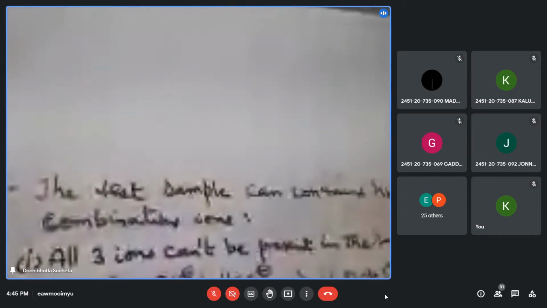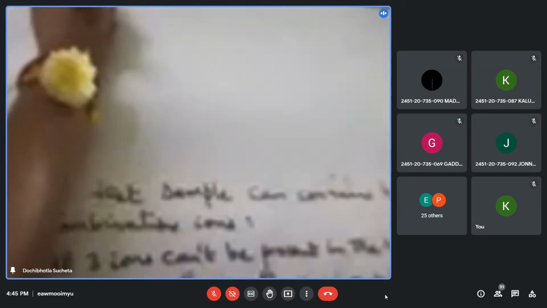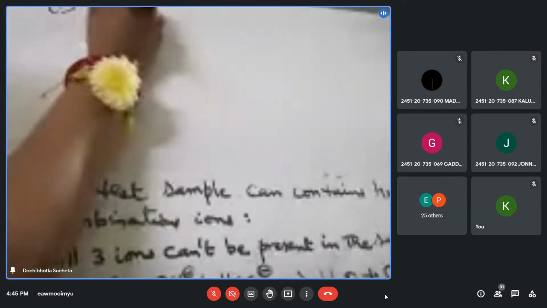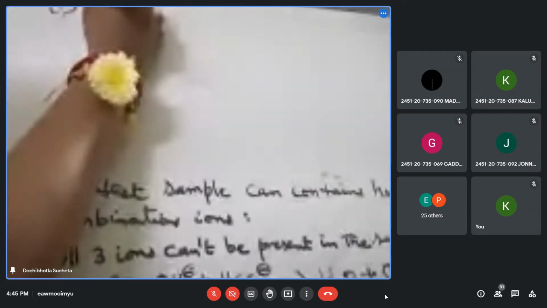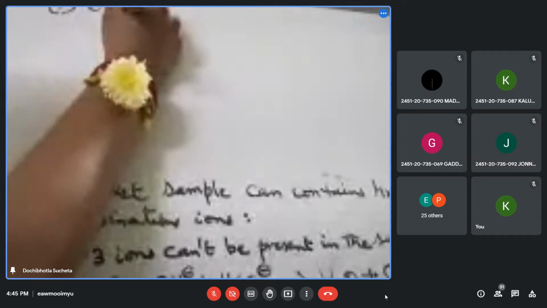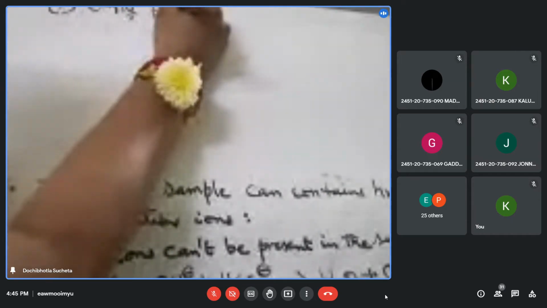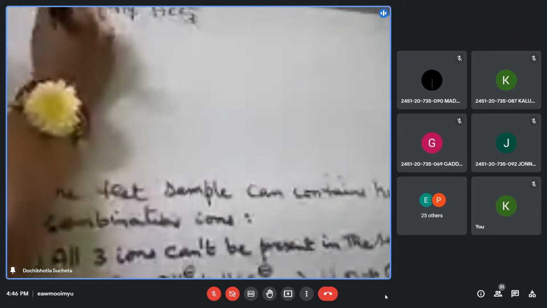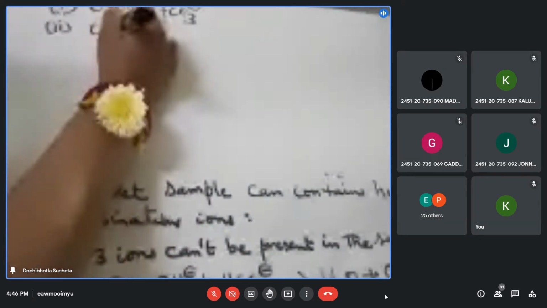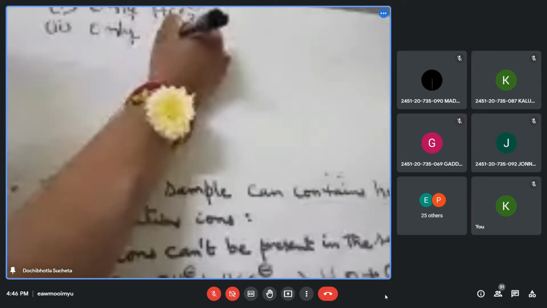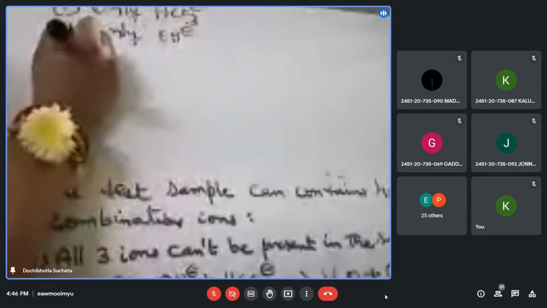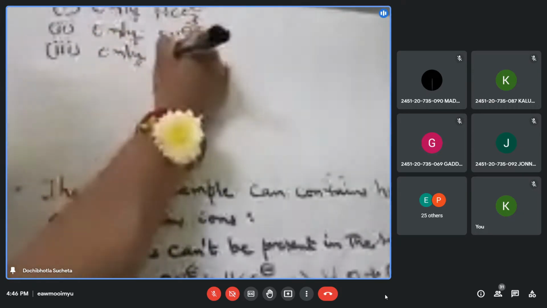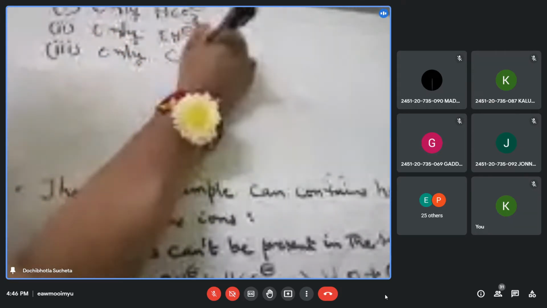Are you able to understand? The first combination is only bicarbonate. Second one is only OH minus. The third option is only carbonate, CO3 2 minus.